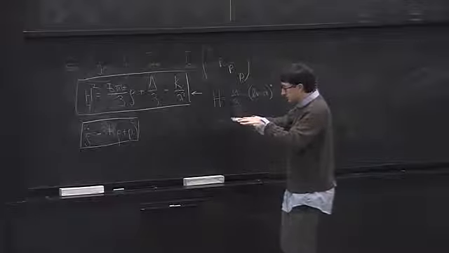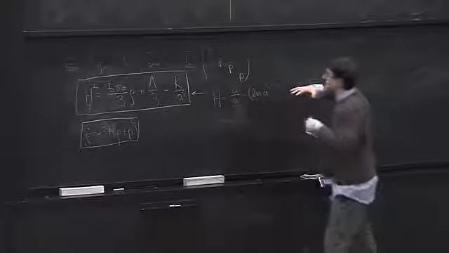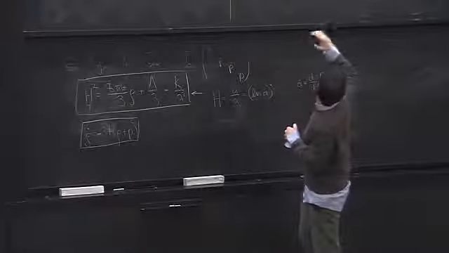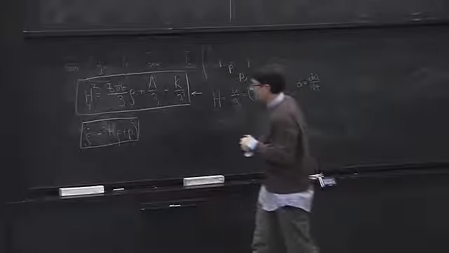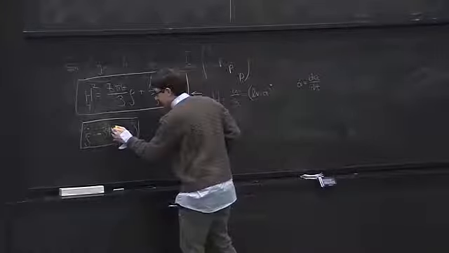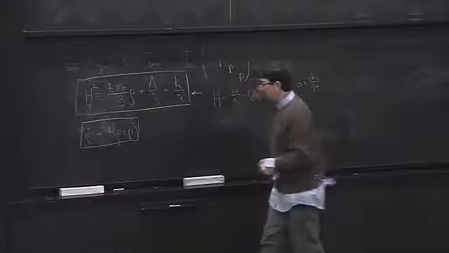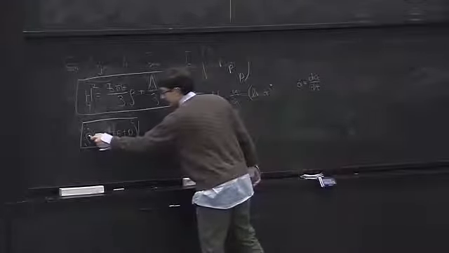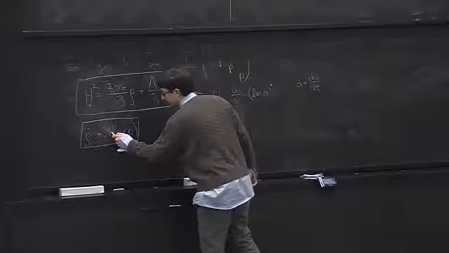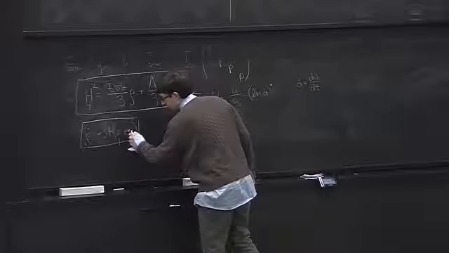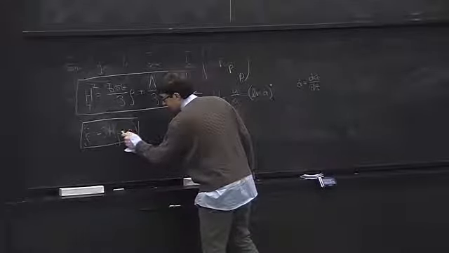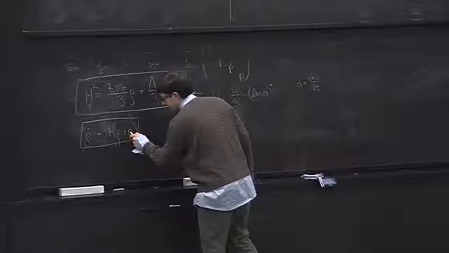The spatial sections are getting stretched from moment to moment in that metric. And the faster it expands, the faster the energy density at any given point dilutes away. And exactly how fast it dilutes away for a given expansion rate depends on the so-called equation of state. You need to know P as a function of rho.